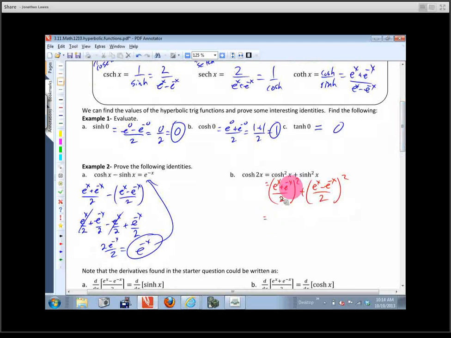If I square this binomial and square the denominator, so I'm going to have a 4 on the bottom of each one of these. And if I square the binomial, I get this. I get e to the x squared. What's the easiest way to write e to the x squared? E to the 2x. Okay? This would end with e to the negative 2x. And what do I get when I multiply the two of these together?